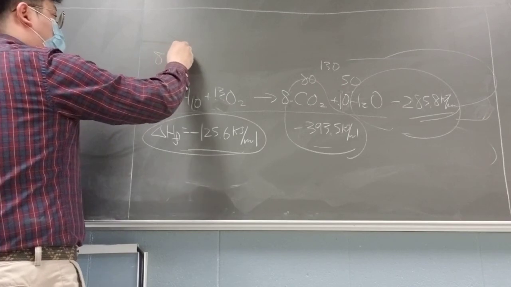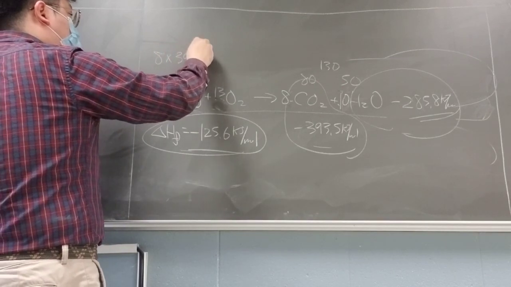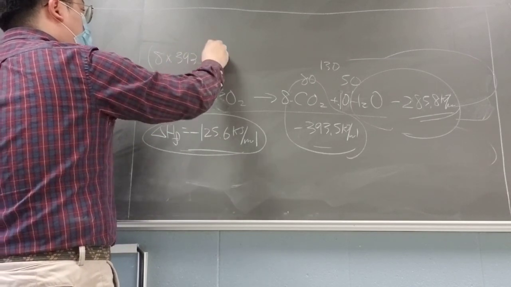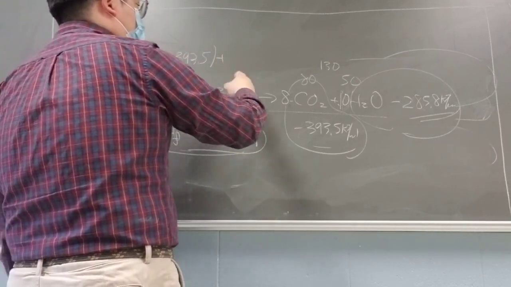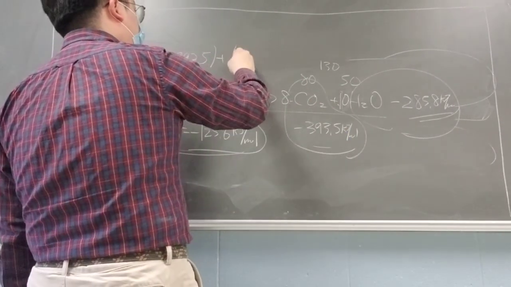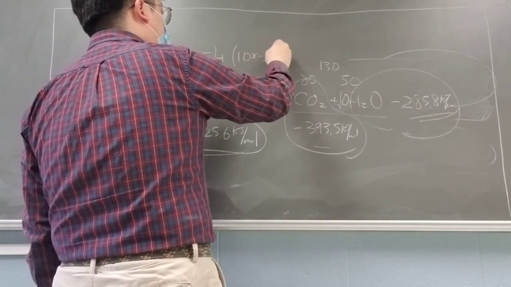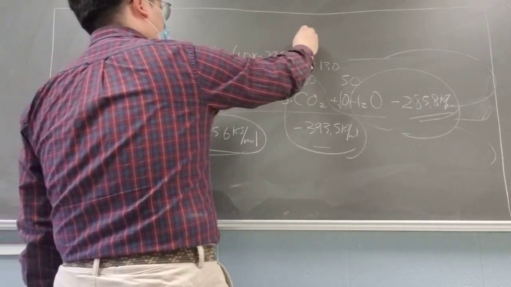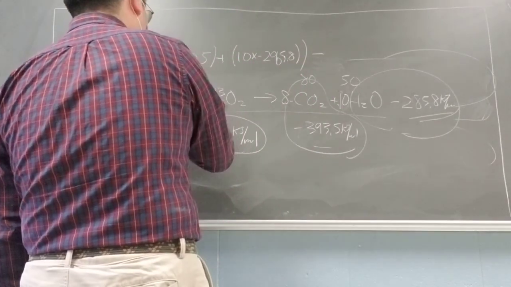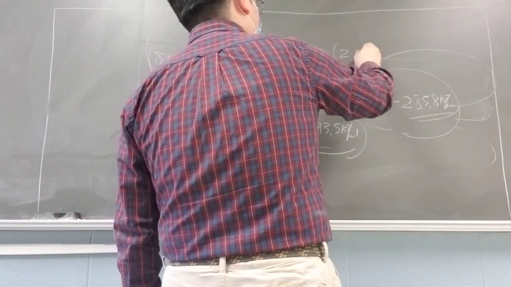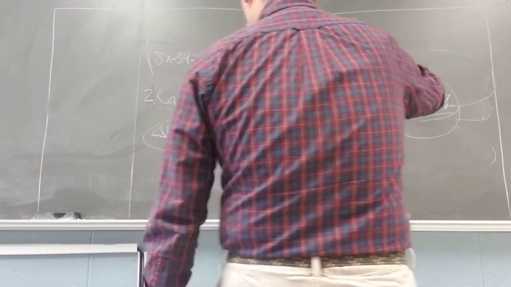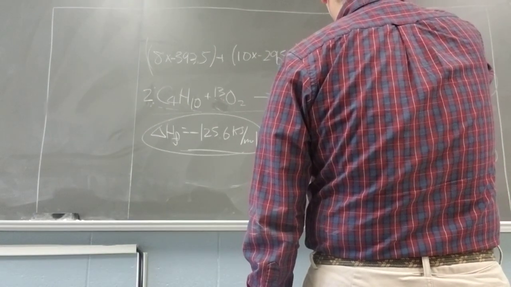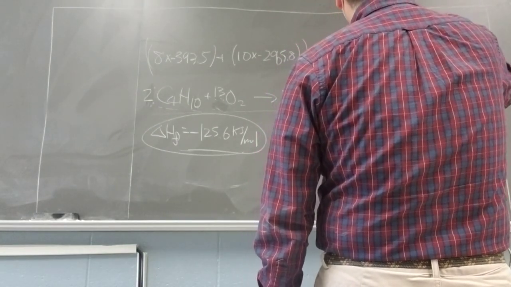8 times 392.5 plus, and then we have now 10 times negative 2,85.8. Okay. And then minus, there'll be 2 now, so it's 2 times negative 125.6.